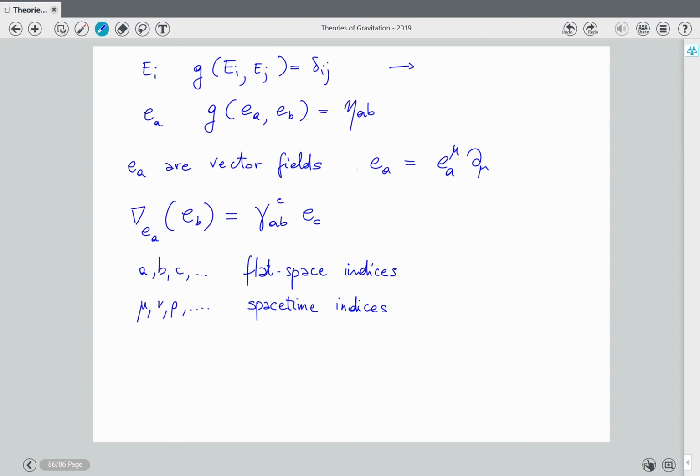Now we want to introduce differential forms dual to the vectors EA.